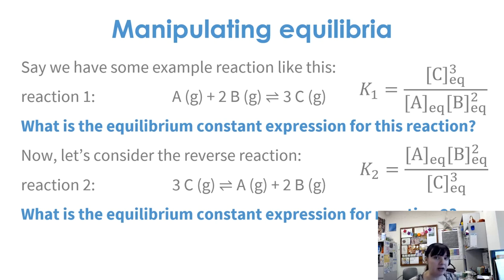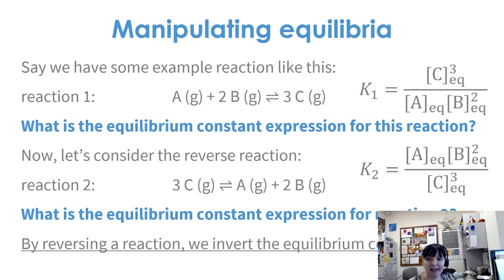To make our second K constant from the first one, we've just taken the inverse of the original K constant. So by reversing a reaction, the new equilibrium constant from that reversed reaction is equal to 1 over our original K constant. Reversing the products and reactants gives a flipped K expression. Numerically, the number we see is just inverted, so 1 over whatever our K1 value was gives us K2.